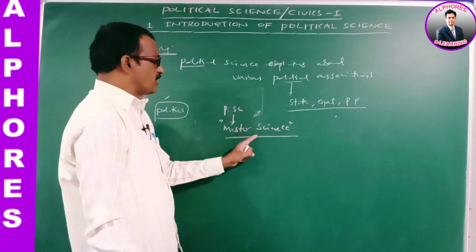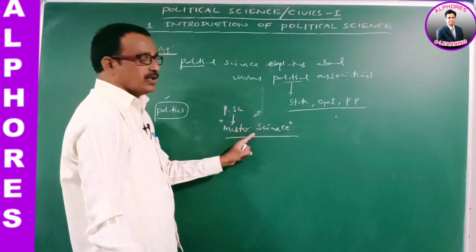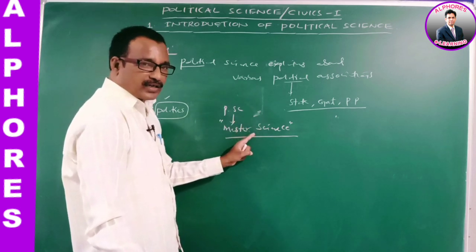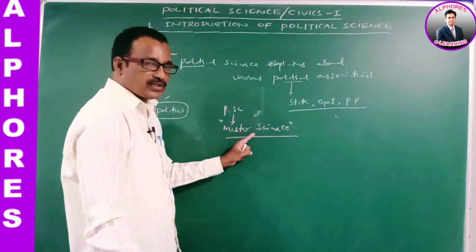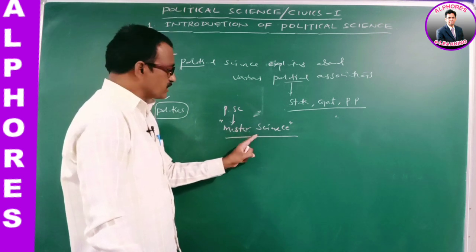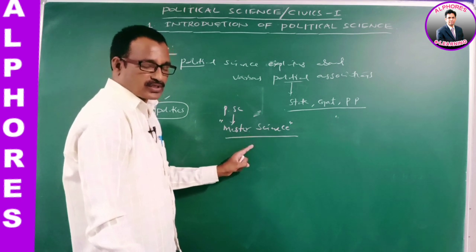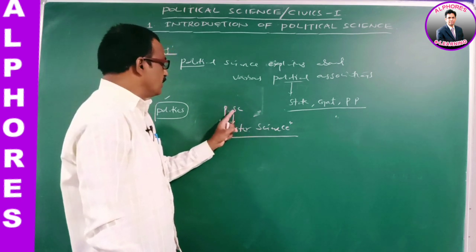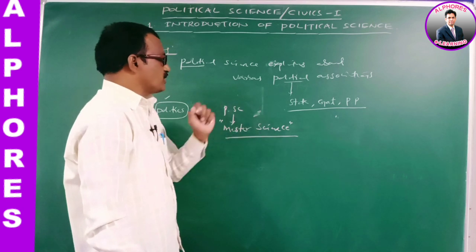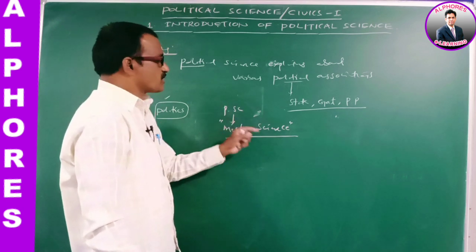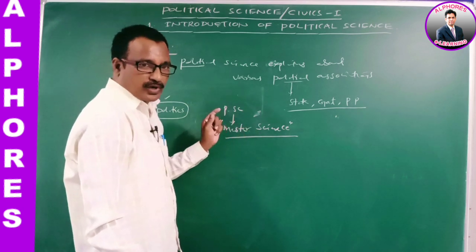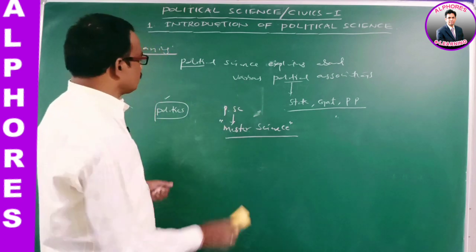Why it is called as a master science? Because it includes all the activities of the individuals in the society. It covers all the activities of the individuals in the society. Hence, he called it as a master science.